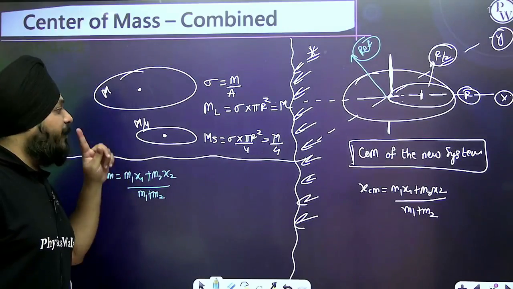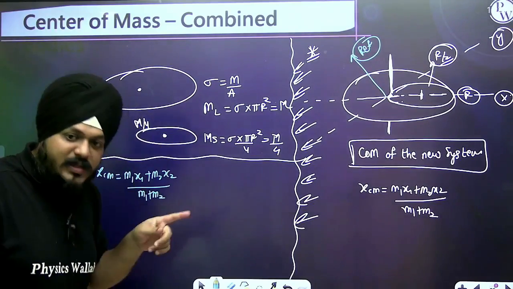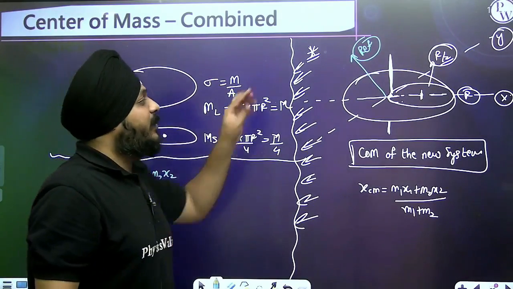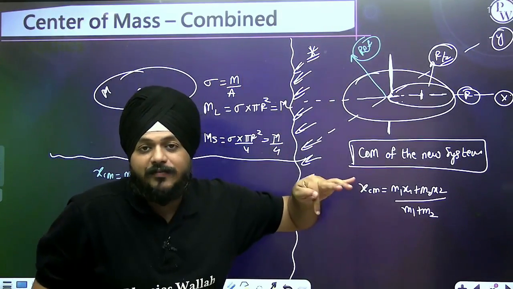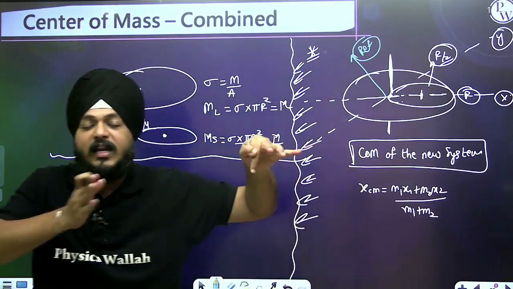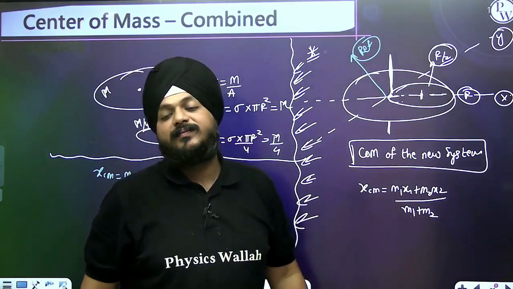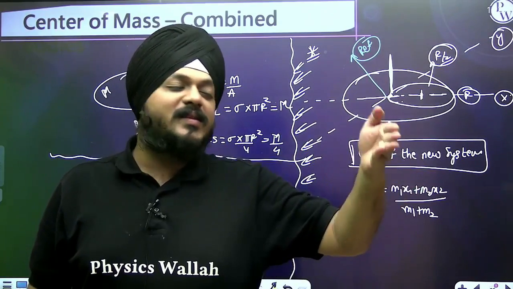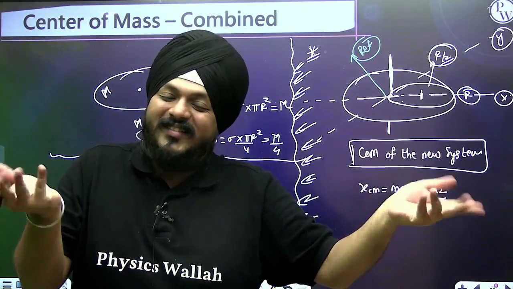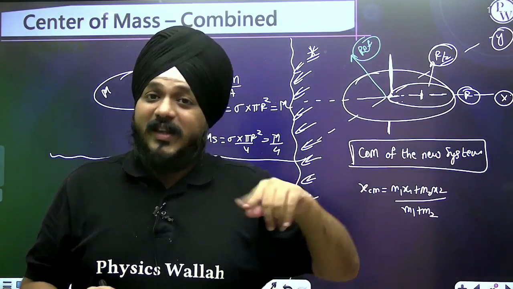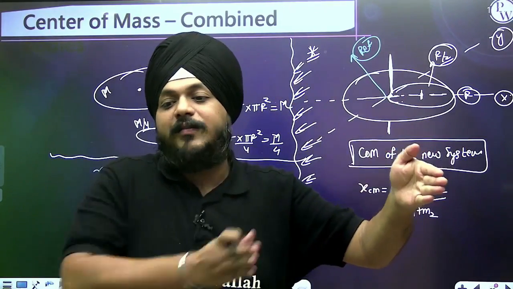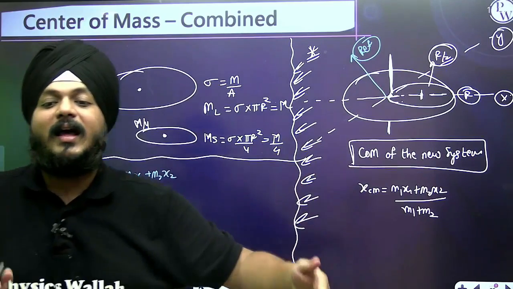But if it is a continuous body, then x1 is the distance between the center of mass of the continuous body and the reference line.